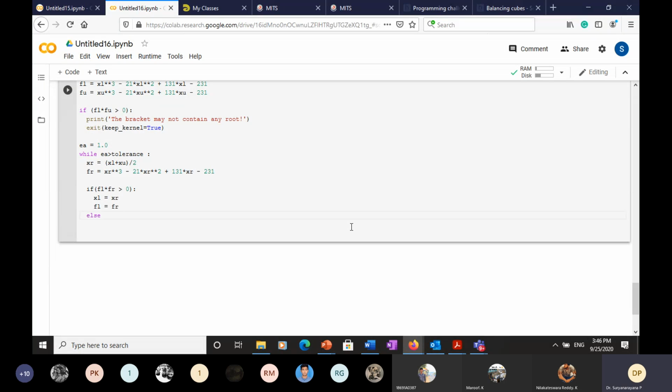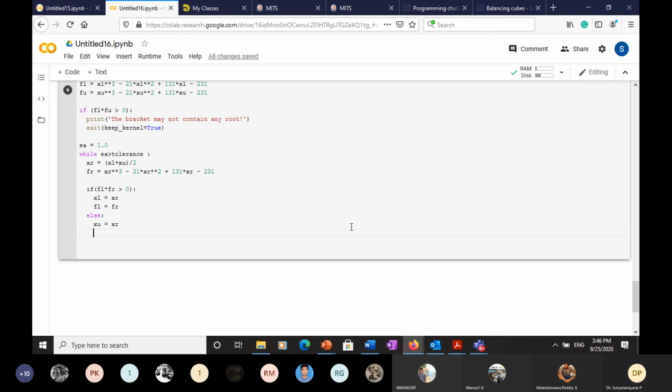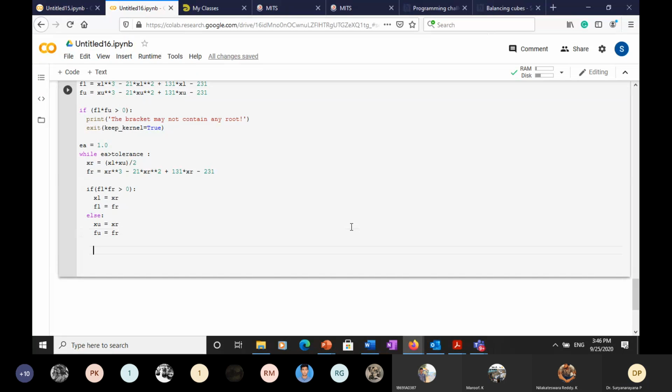Else, if that is not true, then we keep the old XL, I change the XU. XU will be equal to XR. FU is going to be FR.